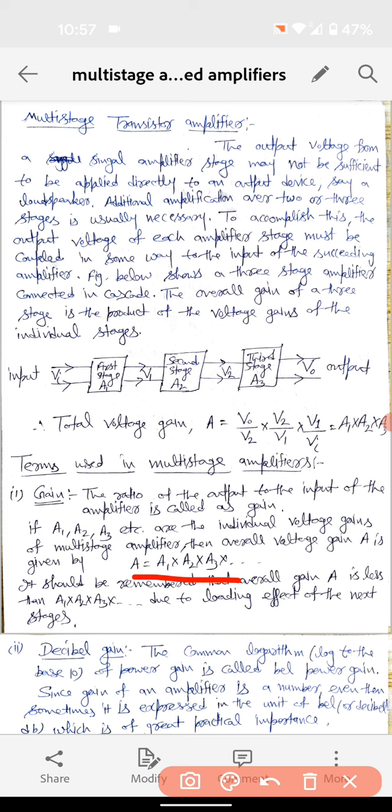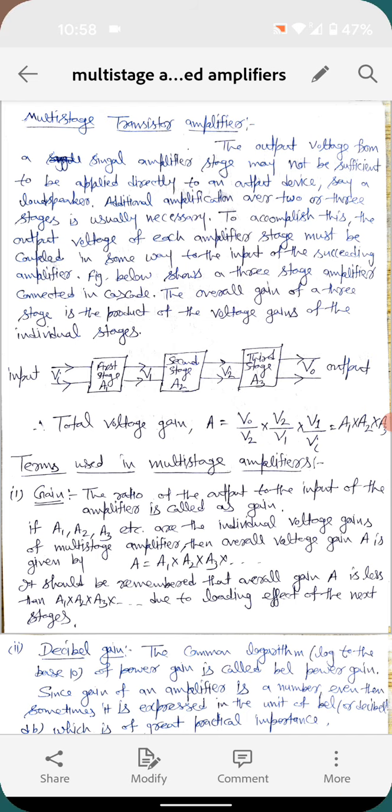And why it is so, it is because of the loading effect of the next stage. And what is this loading effect, we will discuss later. But due to the loading effect the actual gain is somewhat less than the conceptual or theoretical value, which is A1 into A2 into A3, say for a three stage amplifier.